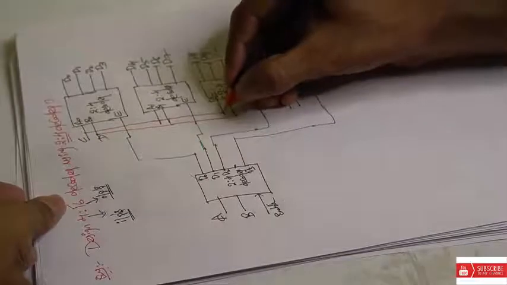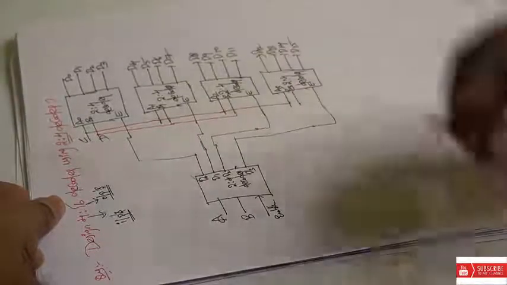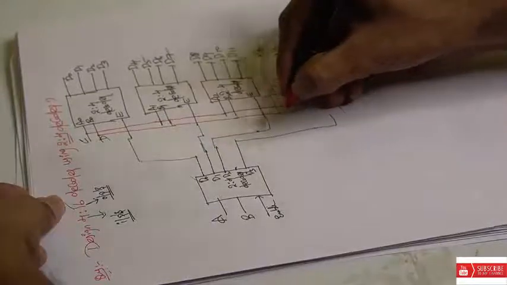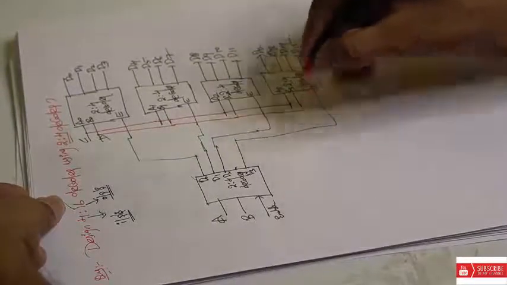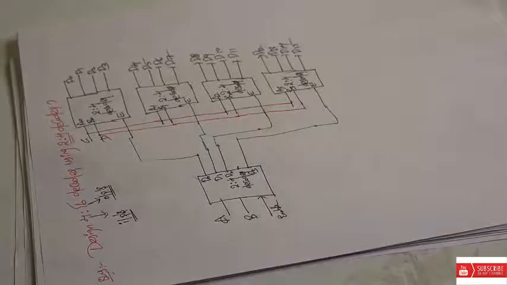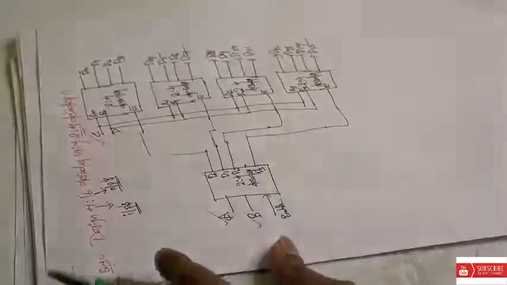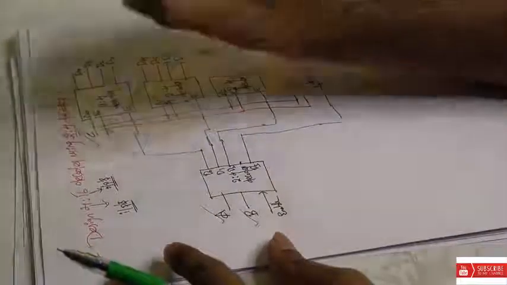Next this C to A3 and D to this B3. Here you can observe, you will get four inputs, right? This will be one input A, another input B, the third input C, and the fourth input D.